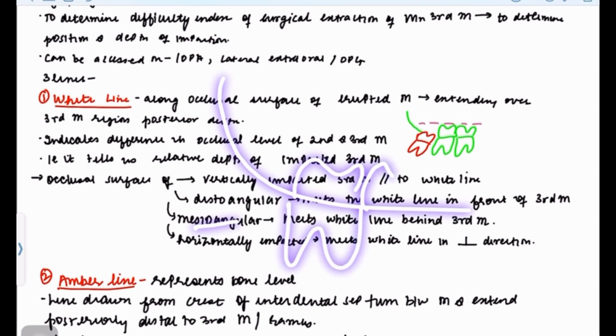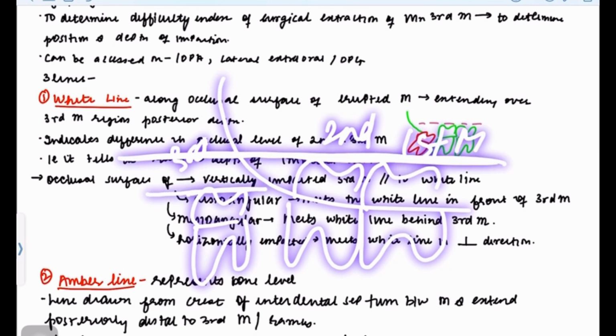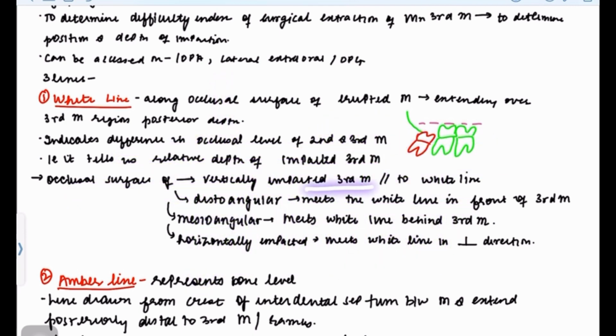This is my first molar, this is my second molar, and this is my impacted third molar, which is vertical. So this is my occlusal plane, or the white line. And the occlusal plane of the impacted third molar is also in this plane only. So this is parallel. This is what is said here, that the occlusal surface of a vertically impacted third molar is parallel to the white line. Now let's see distoangular, and the rest you can understand on your own.